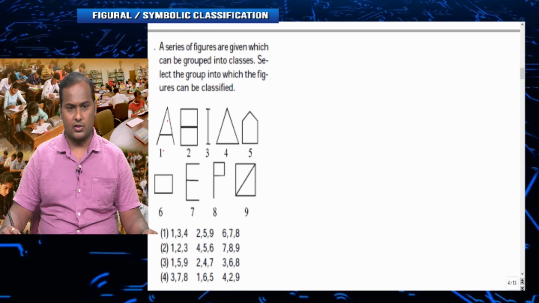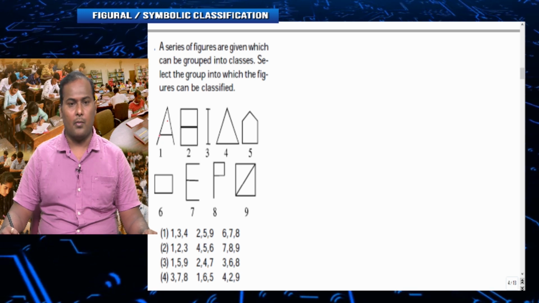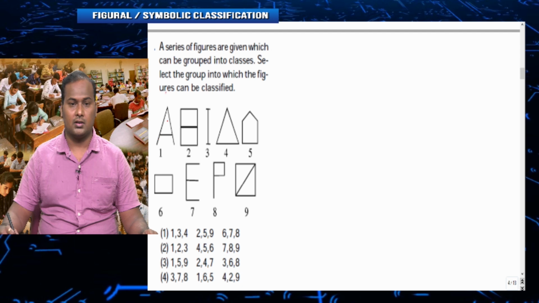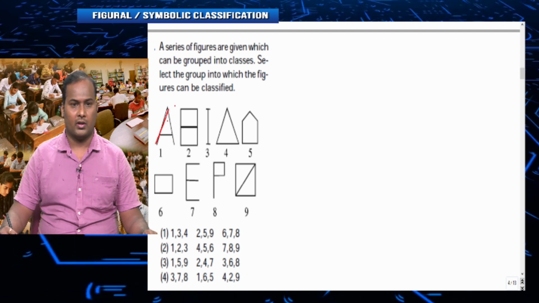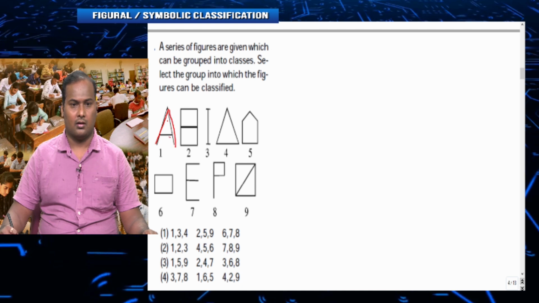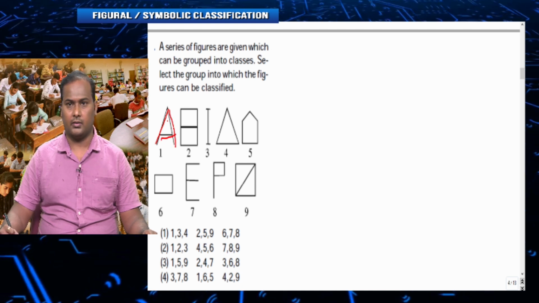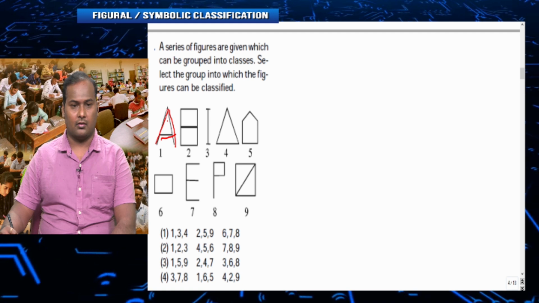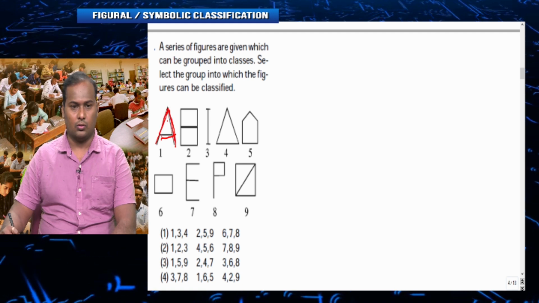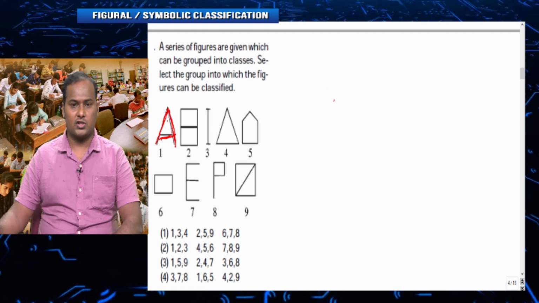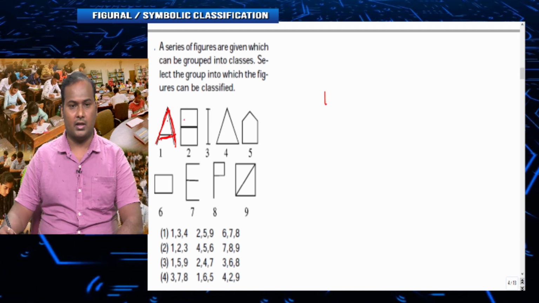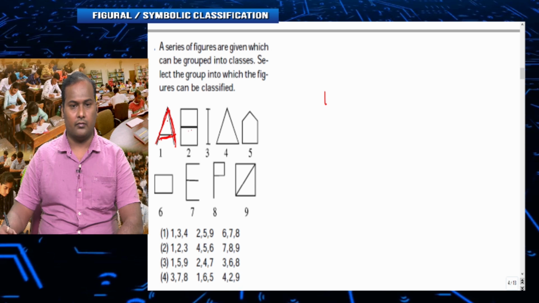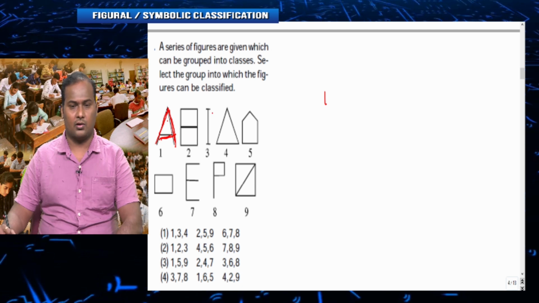For example, see the first one. How many lines are there? In the first one, there are a total of 3 lines. In A, this is one line, this is the second line, and here it forms the third line. So the first one has 3 lines. In the second one, there are 1, 2, 3, 4, 5 lines, which is not possible.